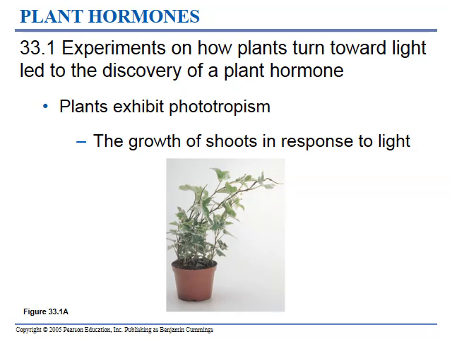Experiments on how plants turn to light led to the discovery of plant hormones. This plant is exhibiting something called phototropism. Photo means light, and tropism is turning or moving. So the plant turns towards the light. You can see in this plant, obviously the sunlight was on the right-hand side.